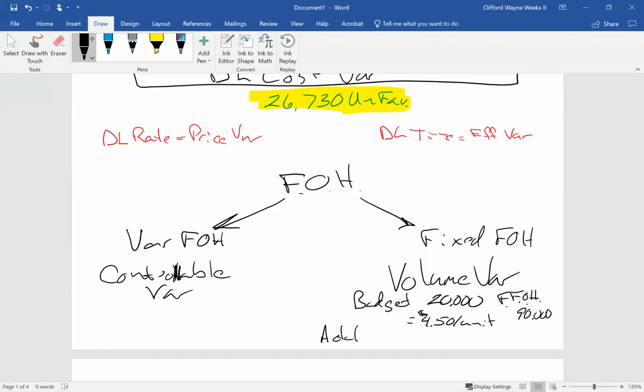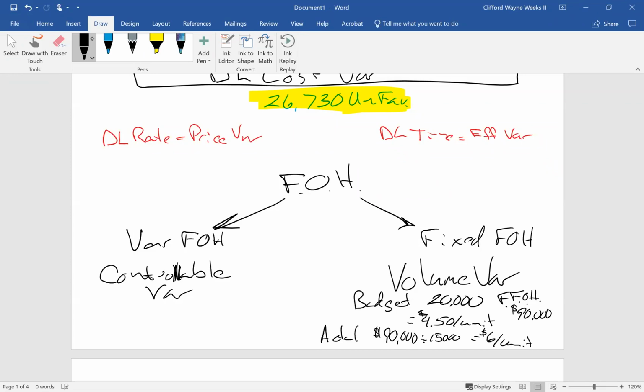But in our scenario, we did 15,000. If we had the same cost, because fixed is fixed, we had $90,000. It doesn't matter if we did 1 unit or 1,000 units. Fixed is fixed. And so the 90 now divided by the 15, the actual number of units that we did, increases the cost to $6 per unit.